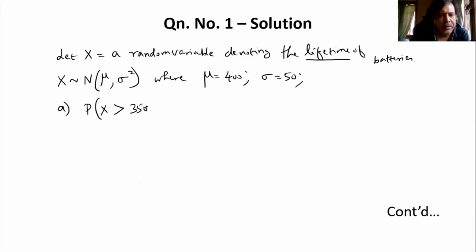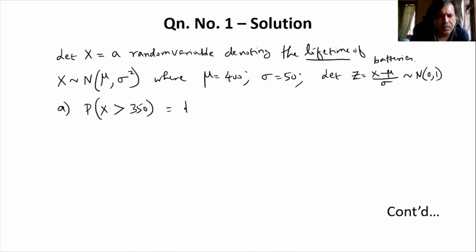Now here I will also define, as we already spoke in the previous video, converting the normal distribution random variable X to a standard normal variate Z. And that conversion is Z equal to (X minus mu) by sigma. Once I do this conversion, this Z follows a normal distribution with mean 0 and variance 1.